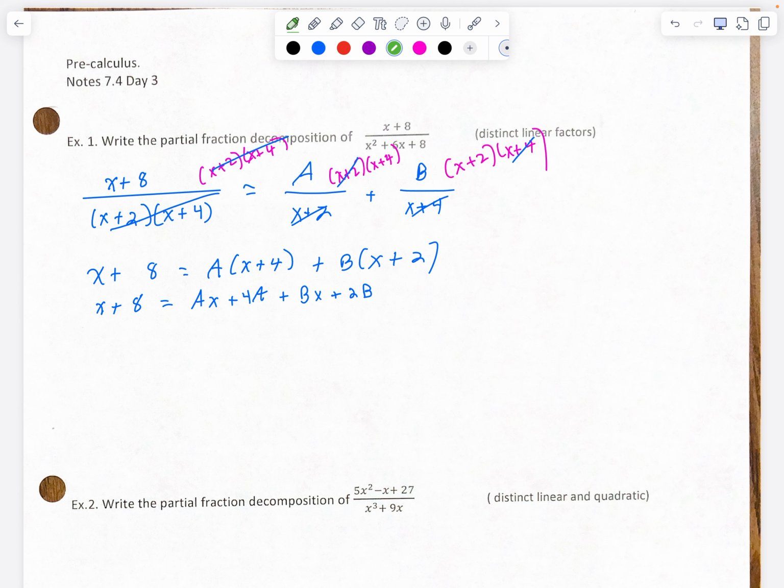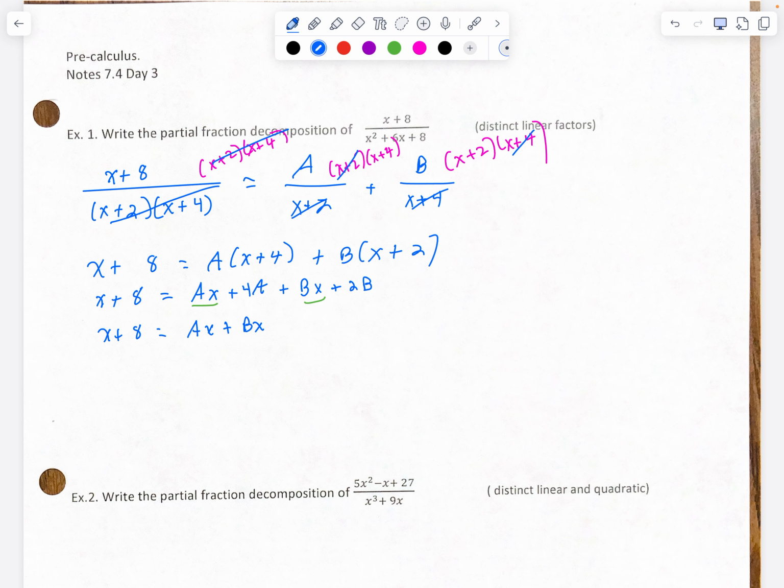And then I'm going to substitute A equaling 3 into equation 1. And we get B is negative 2.